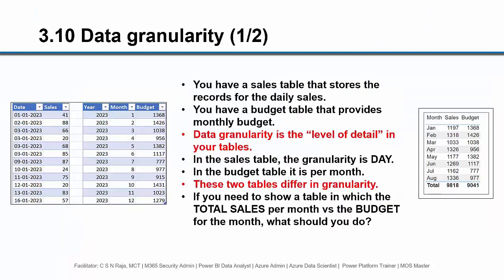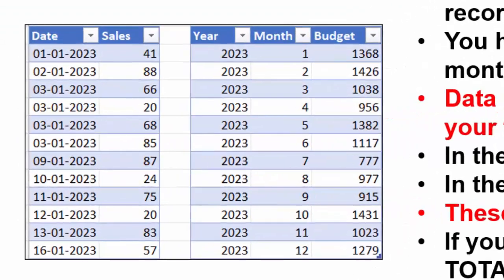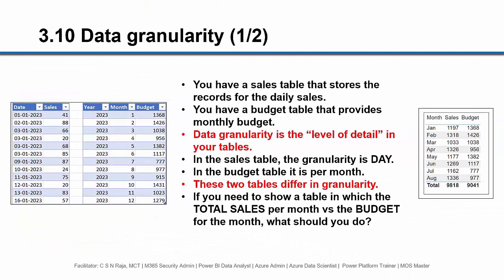Data granularity is another important aspect that you need to know. Have a look at the image on the left side. You have a sales table that stores the records on daily basis, and you have a budget table that provides monthly budget. Data granularity is the level of detail in your tables. In the sales table, the granularity is day. In the budget table, it is per month.